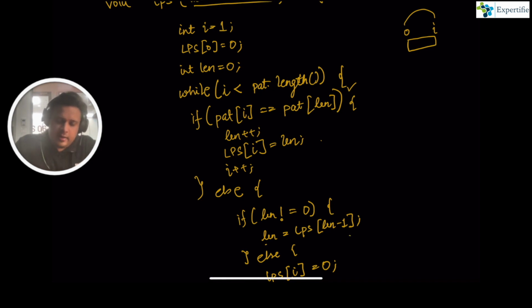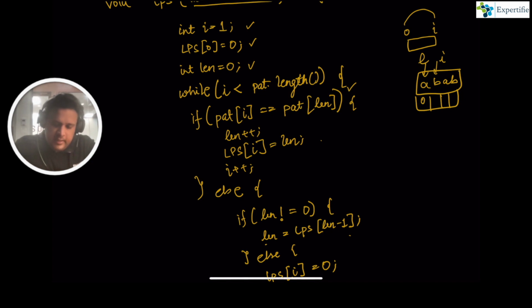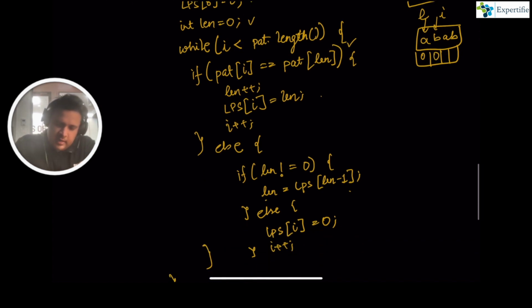So let's do a dry run on AB. You give me this array of size 4, LPS of 0 equal to 0, length is 0, I is at 1. So this is your I, this is your length. A and B do not match. Because A and B do not match and length is at 0, LPS I equal to 0, and I goes I plus plus.